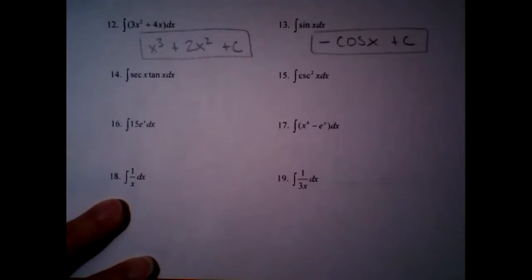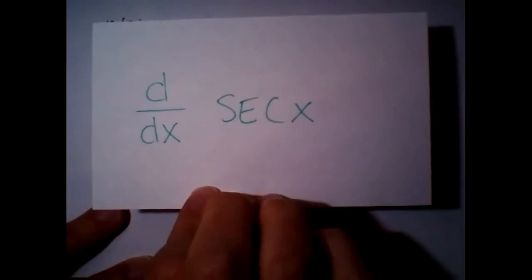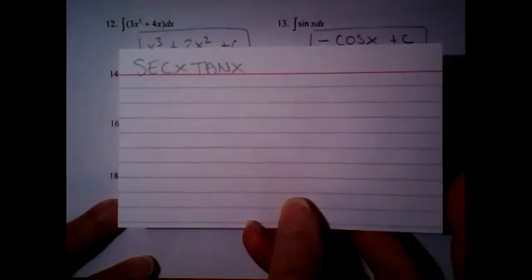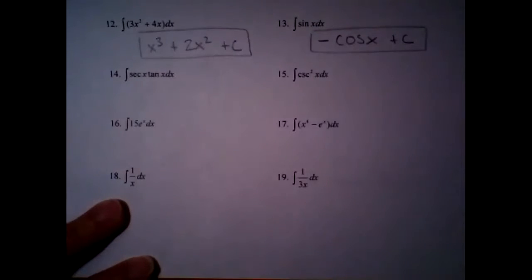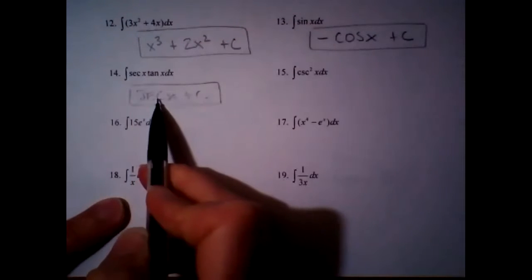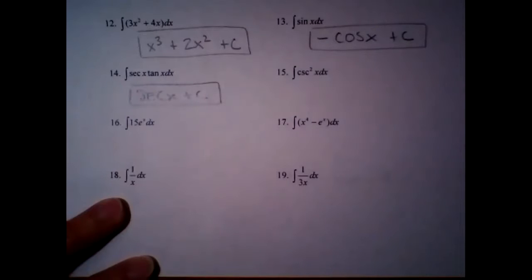Good, nice job. I was waiting you guys out to see if somebody would answer. Derivative of secant is secant tangent. So this is going to be secant of x plus c.